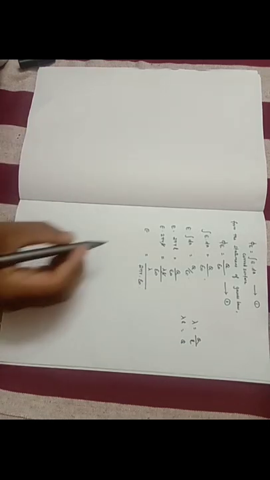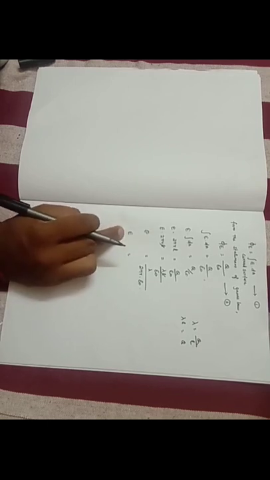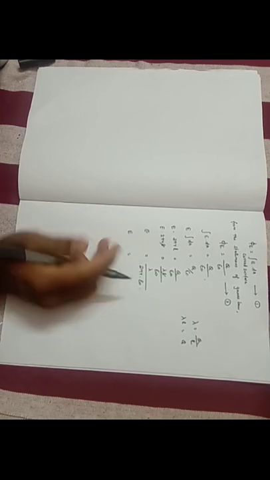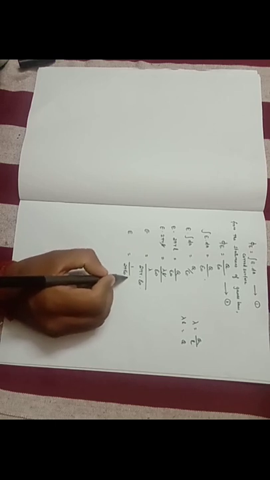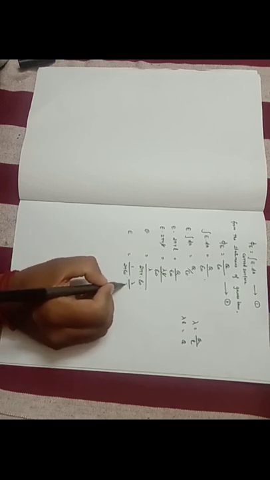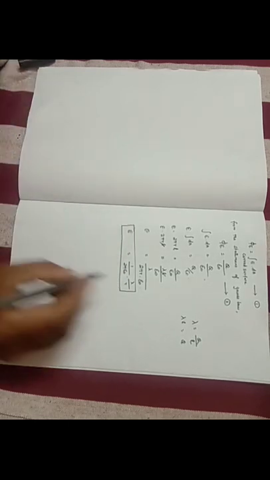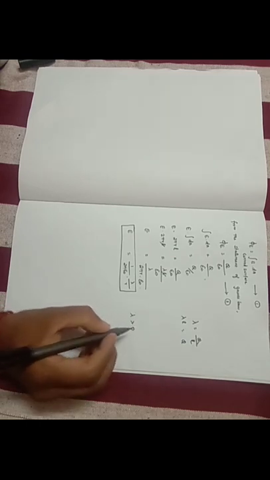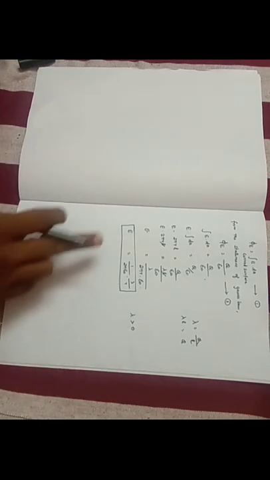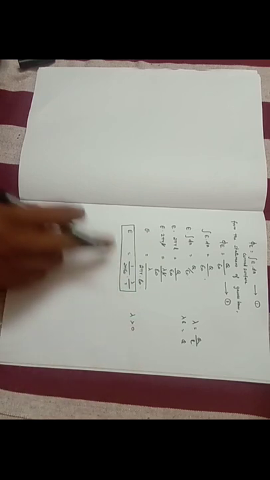Okay students, so from this we can write the electric field due to an infinitely long charged wire: E is equal to 1 divided by 2 pi epsilon naught times lambda divided by r. Here, if lambda has values greater than 0, the electric field is acting outwards.